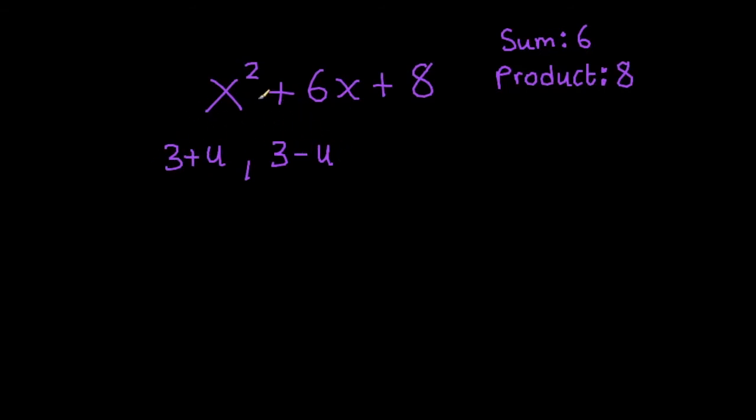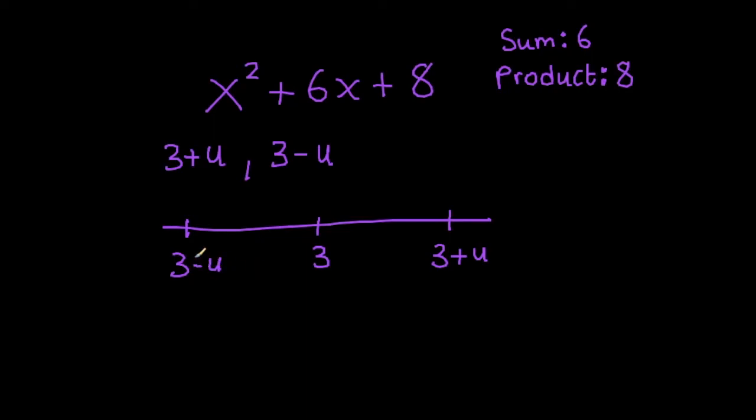Now, what is the average of those two numbers? Well, we can add them up and divide by 2, and the answer will be 3. But we can also show on the number line, and that's a terrible number line, that their average is 3. So let's say we have 3 here, and here we have 3 plus u, and here we have 3 minus u.